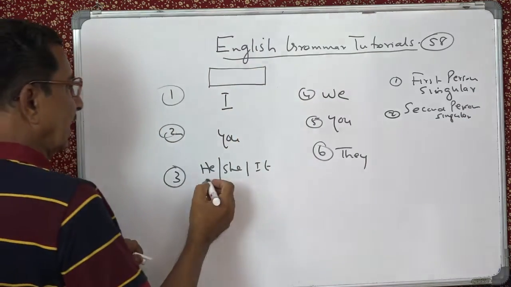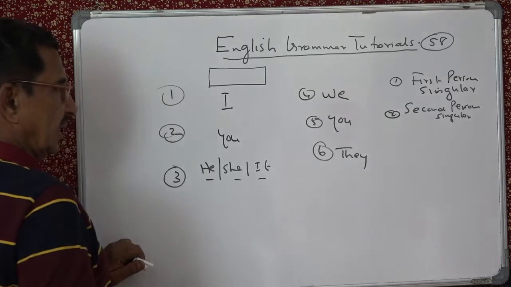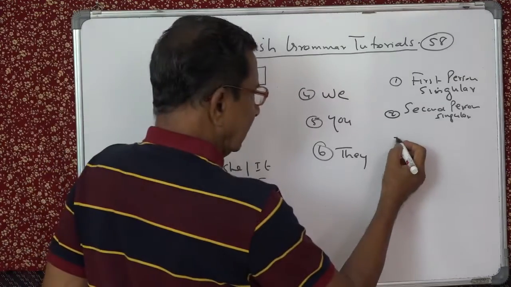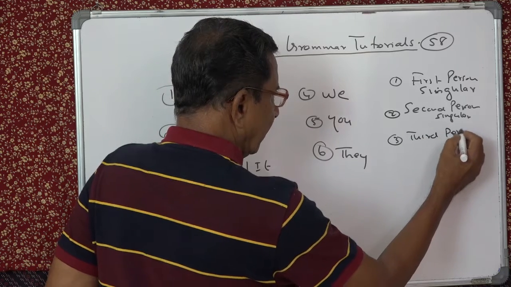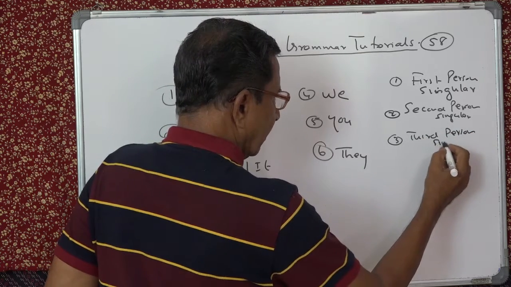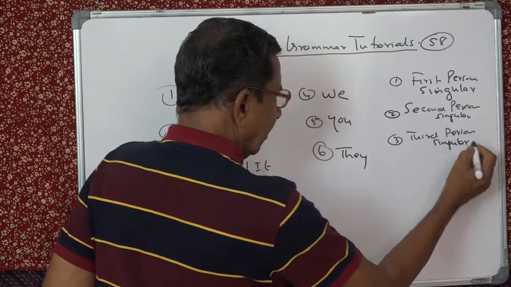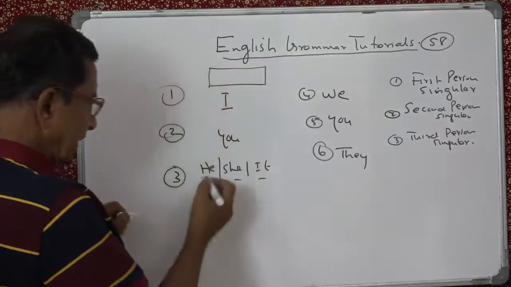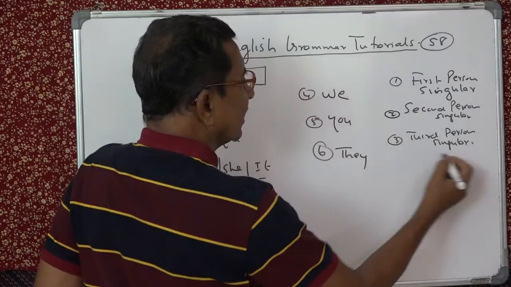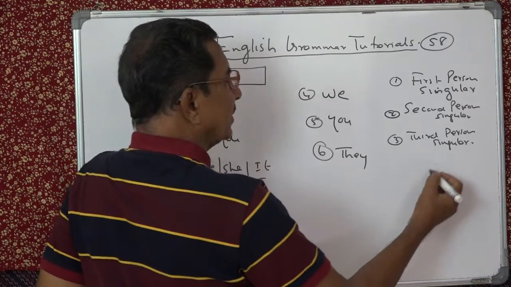And then you have he, she, it. The label is third person singular. But there you have gender. He is masculine. So you have three labels there.